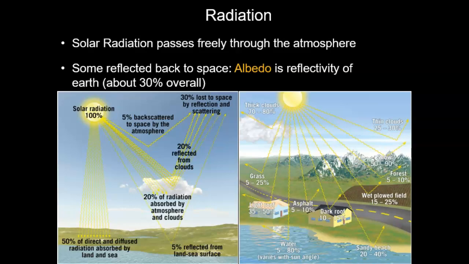So the image on the right shows a few different surfaces and the amount of radiation that is typically reflected by them. So the albedo for Earth as a whole is thus 30%, again, which accounts for the reflected radiation by the land surface, by the clouds, and by the atmosphere.